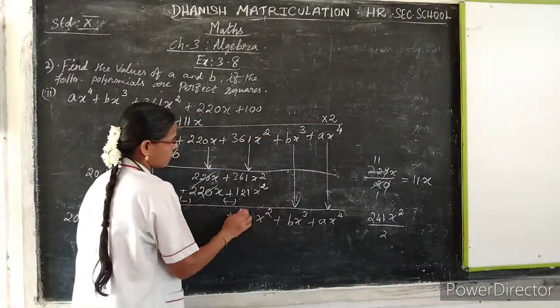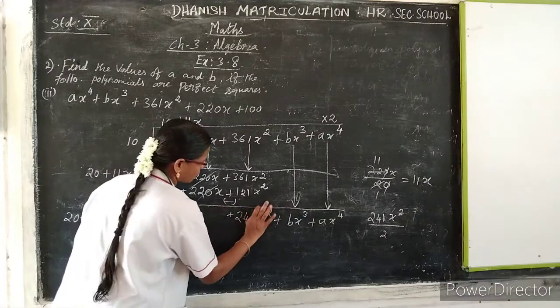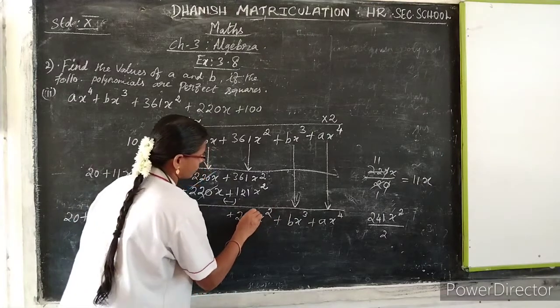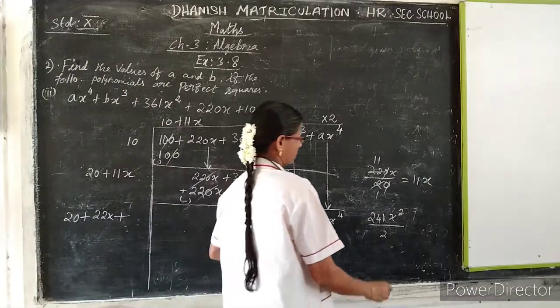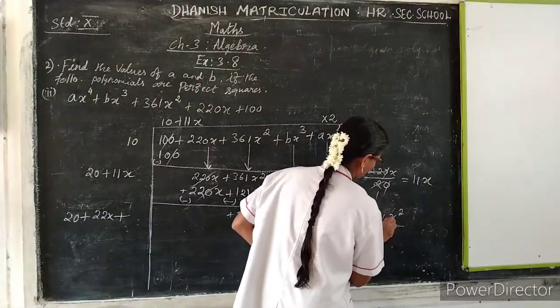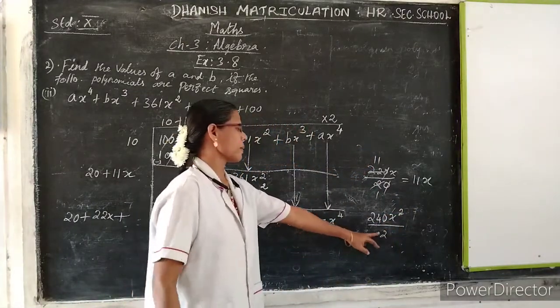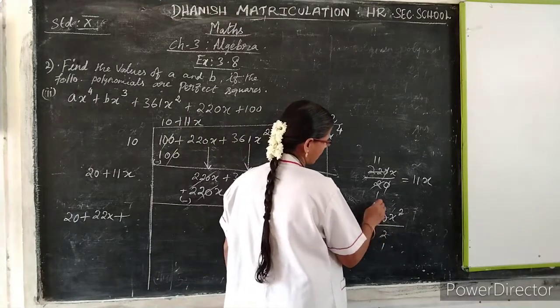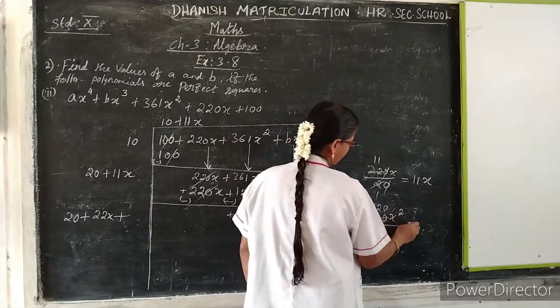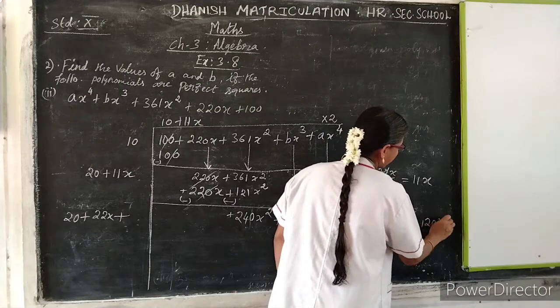No, sorry. 1 minus 1 is 0. So 240x square divided by 20, 12 times x square.